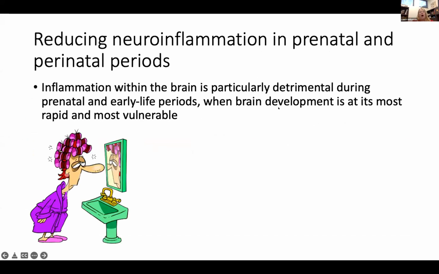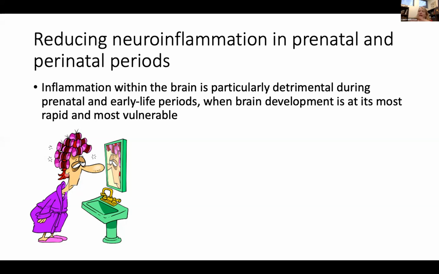So the main goal in most psychiatric work, and also in my lab, is looking at reducing neuroinflammation in prenatal and perinatal periods. Also, as a total side note, everyone else will be talking about mostly single-celled or very small creatures today, and I'll be talking about rats. But there is bacteria involved with the rats.